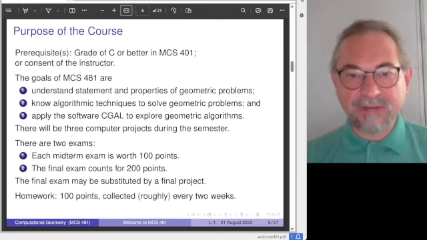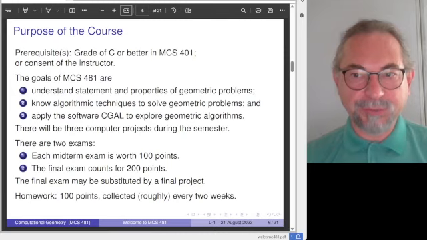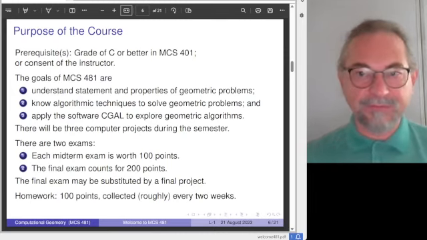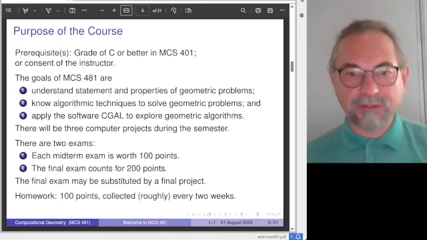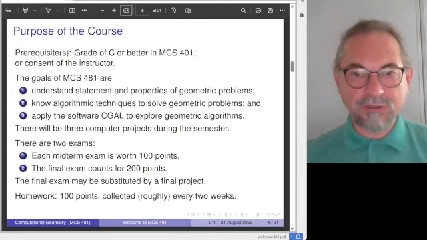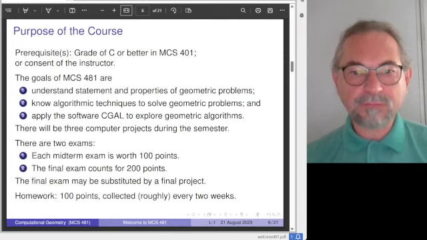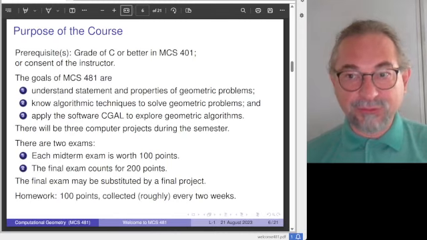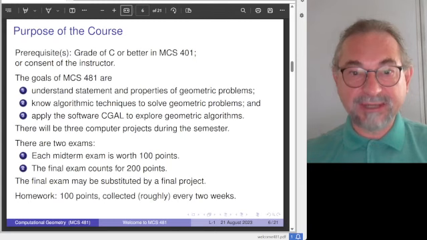The midterm and the final exam are 300 points, and then the homework is 100 points. So it is kind of 50-50 between the work that you do, projects and homeworks, and the exams testing your knowledge. Homework is important. I want to see it also as a diagnostic, to see what kind of questions I can ask on an exam.